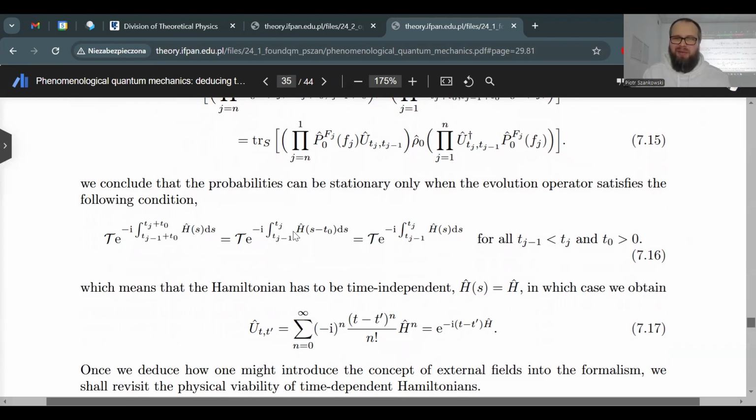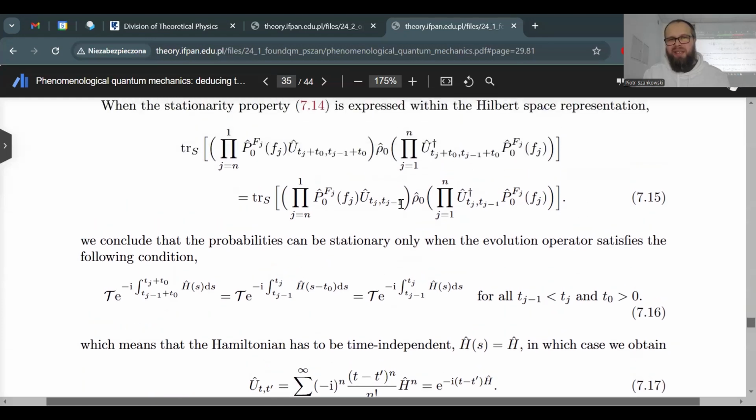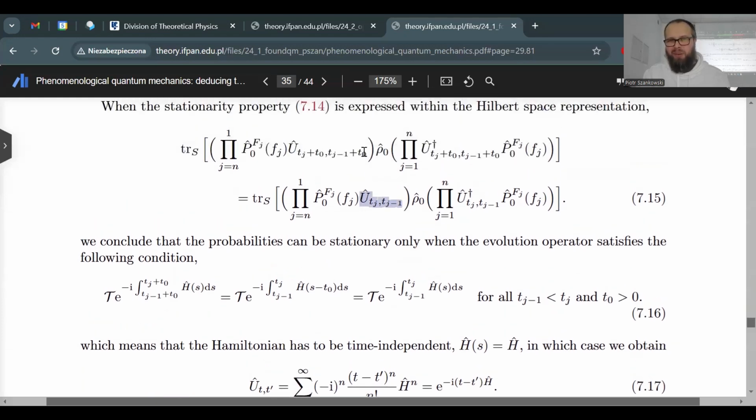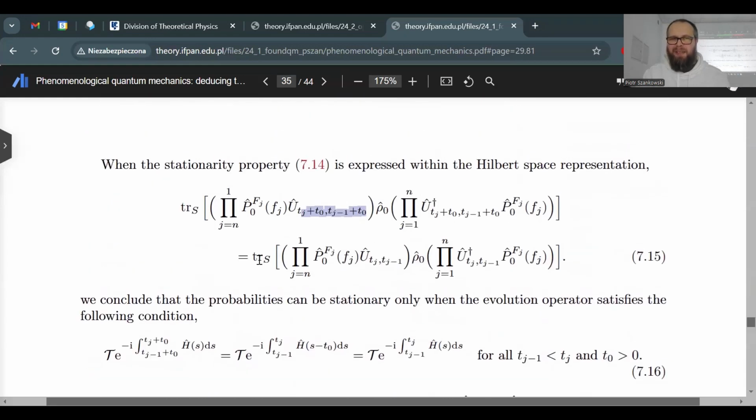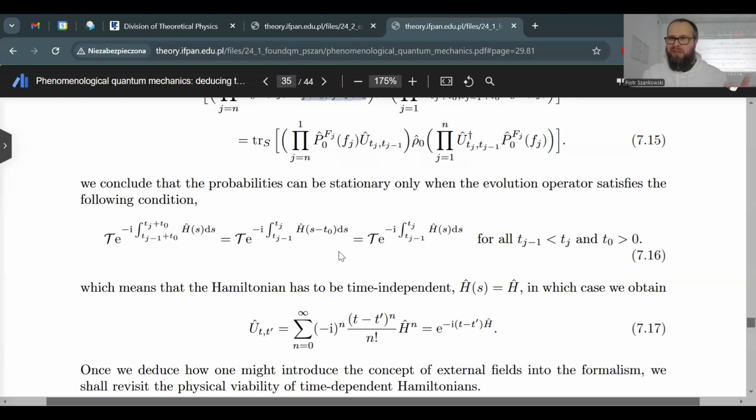you can transform to this form, you essentially change the integration variable, you shift them by t0. So the shifted evolution operator must be equal to the unshifted evolution operator. That's the only way to make sure that this equality holds for all the choices of times, observables, and so on and so forth.